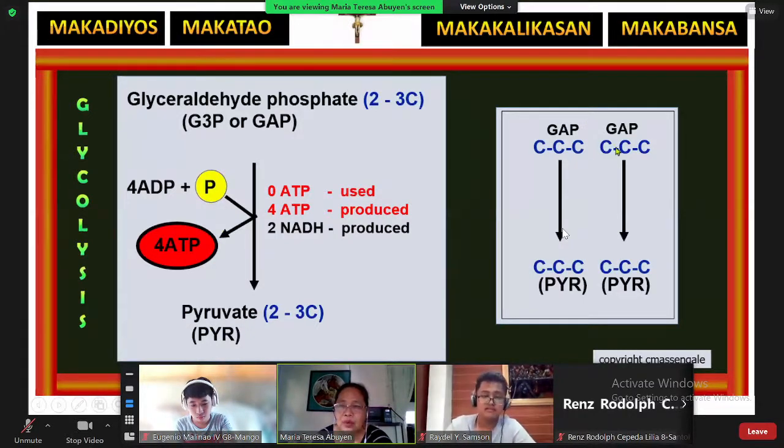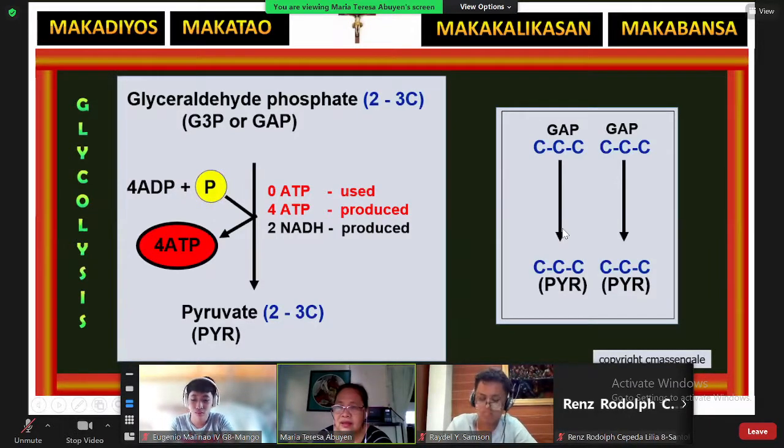Two GAP are produced from glycolysis. Each GAP will undergo reaction to become pyruvic acid.